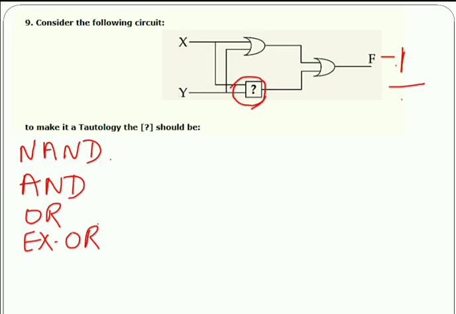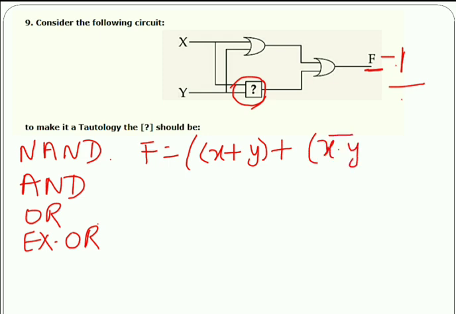So let us substitute each and every gate given in the options. First we will consider the NAND gate, right? So what is the expression of F? Here F equals x plus y plus, considering the NAND gate here, x dot y whole bar.